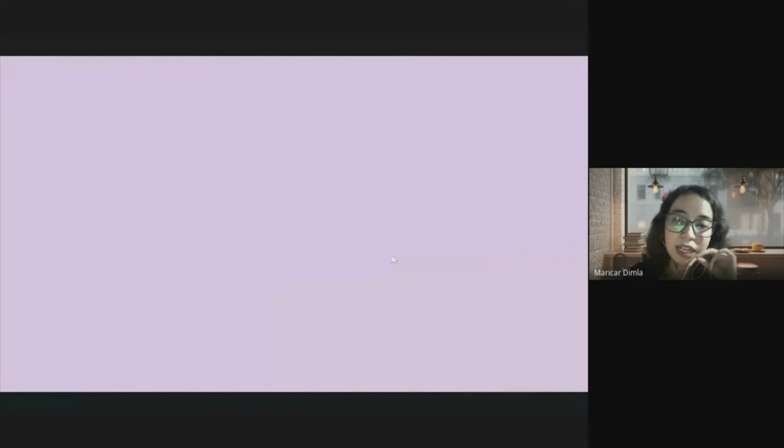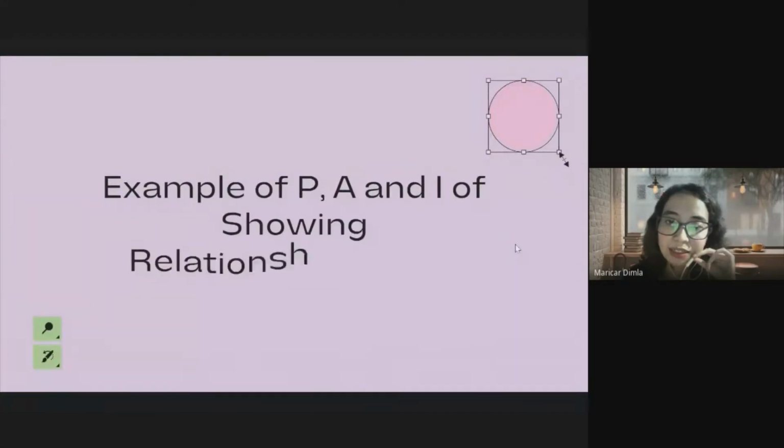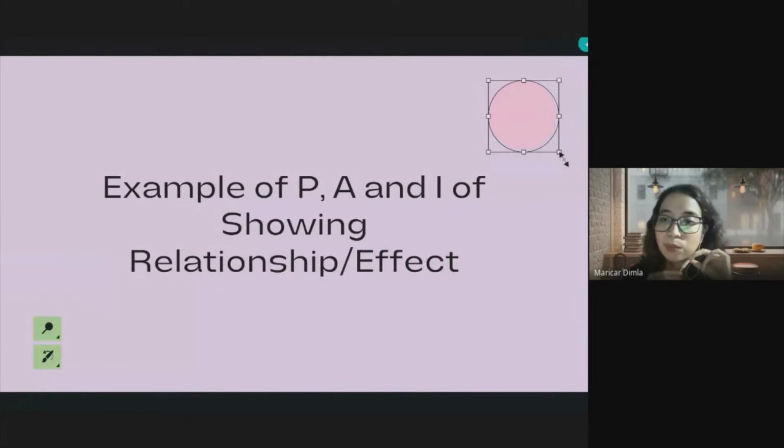Okay? And then class, eto na. So kanina, simple lang yung class. Descriptive pa lang yung dating ng tables kanina. Now class, presentation analysis and interpretation naman tayo, showing relationship or effect. Dito na ginagamitan ng kapangyarihan ng mga statistician.